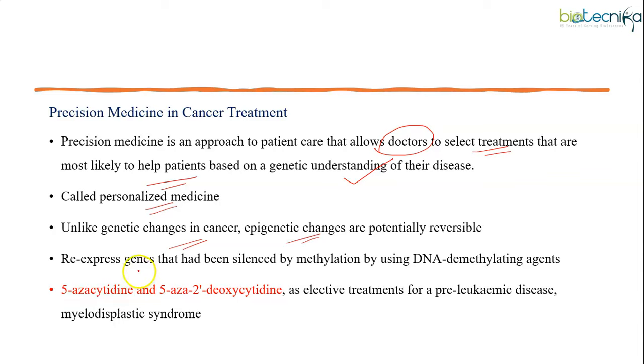So genes that had been silenced by methylation can be re-expressed using DNA demethylating agents. We have 5-azacitidine and 5-aza-2'-deoxycytidine as elective treatments for a pre-leukemic disease, that is myelodysplastic syndrome.